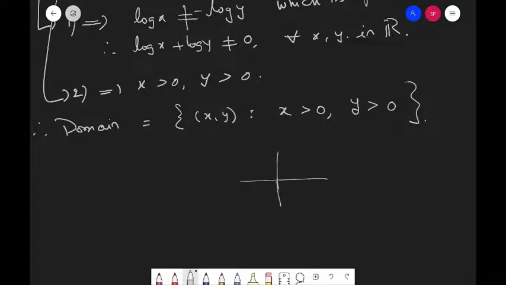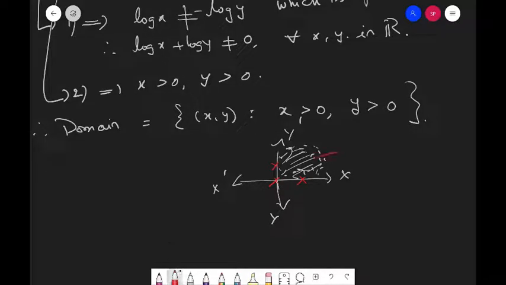I am only showing in 2 dimensions. This is xy plane. All x greater than 0, y greater than 0, where will they be? In the first quadrant. X should not be equal to 0. That means it shouldn't be on the x-axis. It shouldn't be on the y-axis. It should not be at the origin also. It should be only in the first quadrant.